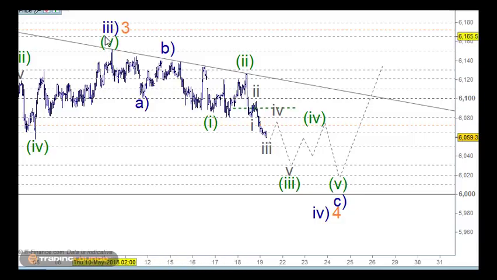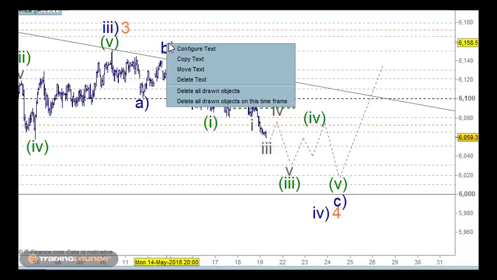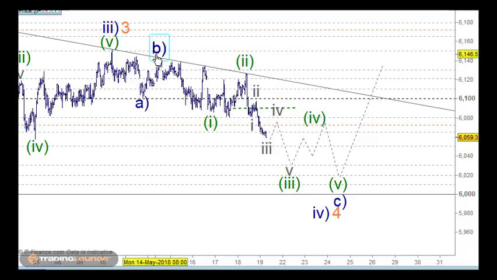So I'm assuming that we've got 3 waves down for the A wave, the B wave back into this space here. That can actually just be moved across there a tad. And then we're looking down at 1 and 2 and 3 here, and 4 to here, or to here, or to here. I'm not sure about that. And then wave 2 back.